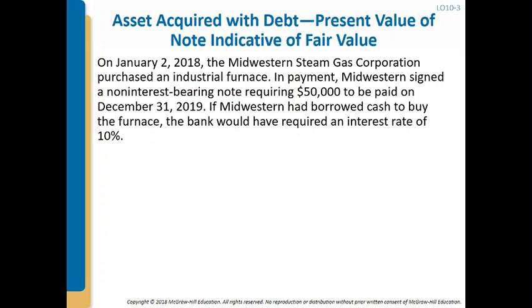In payment, Midwestern signed a non-interest bearing note requiring $50,000 to be paid on December 31, 2019. If Midwestern had borrowed cash to buy the furnace, the bank would have required an interest rate of 10%. So the implied interest rate is 10%. So that has to be factored and separated from the actual fair value of the asset.